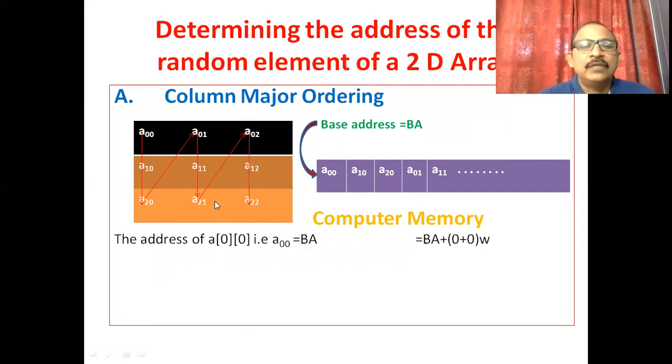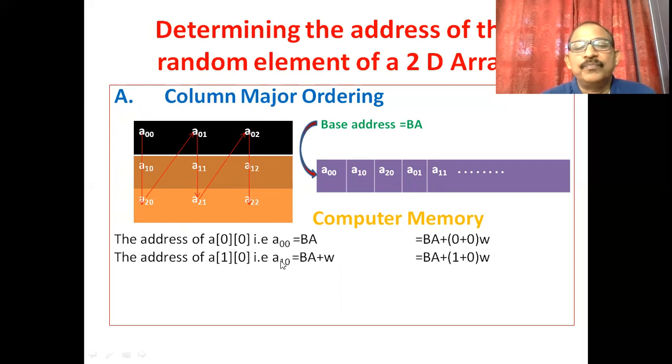Now, the address of A00 is BA. Address of this element is BA plus W. Address of this element is BA plus 2W. BA plus 3W. And we write this as BA plus 0 plus 0 into W. Address of A10 is BA plus W, and we may write BA plus 1 plus 0.